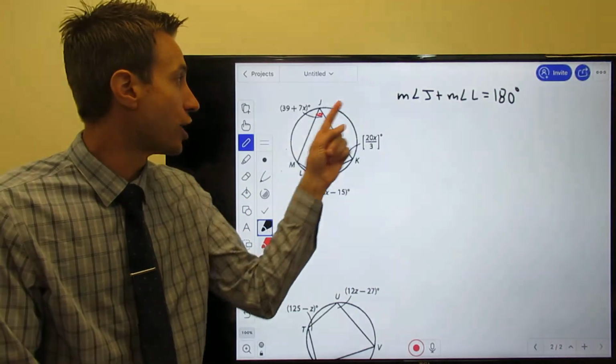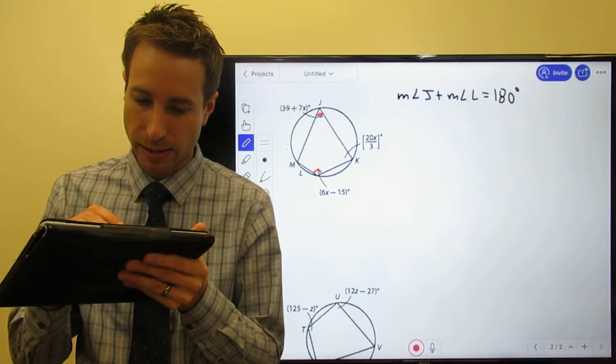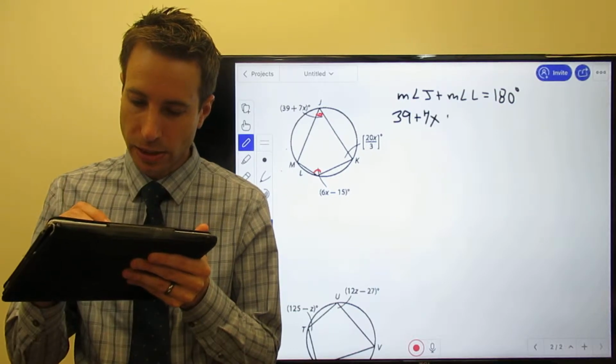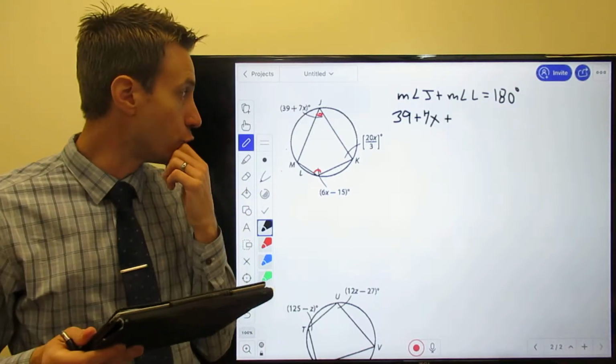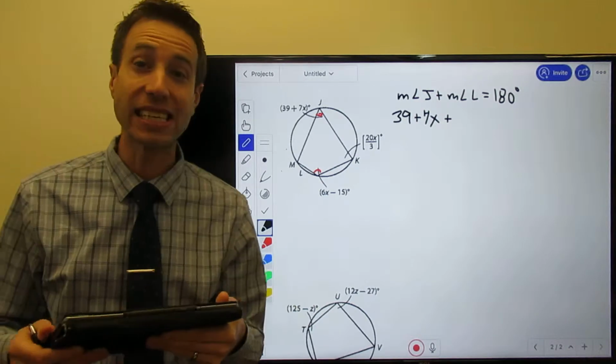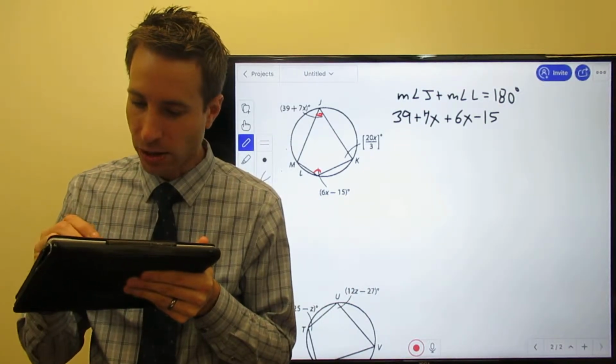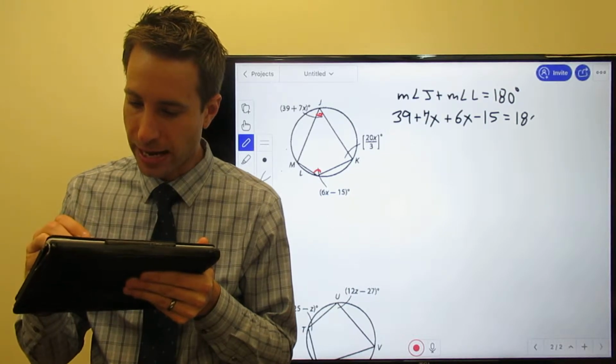Here we go. J, 39 plus 7x, is going to be added to L, which is 6x minus 15, and that's all equal to 180.